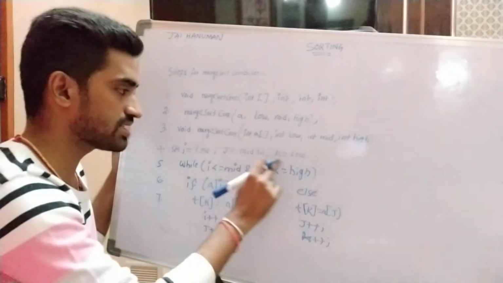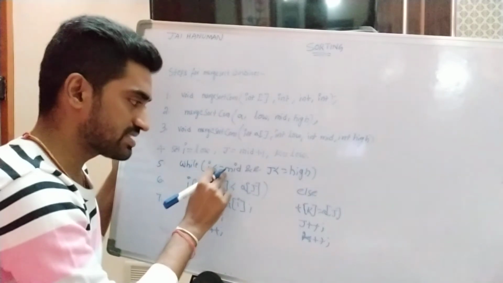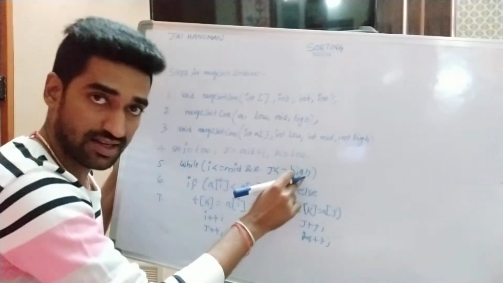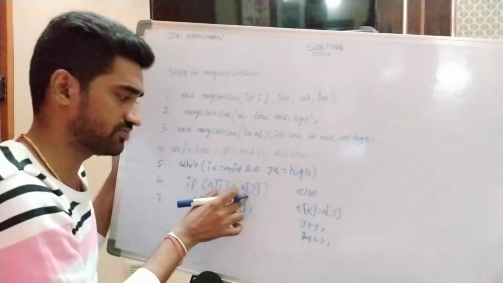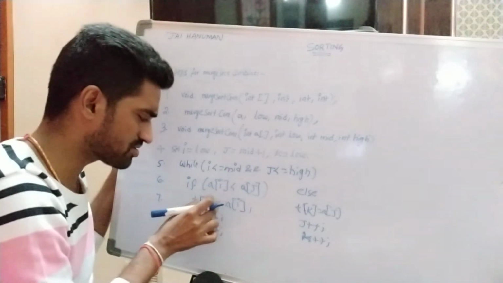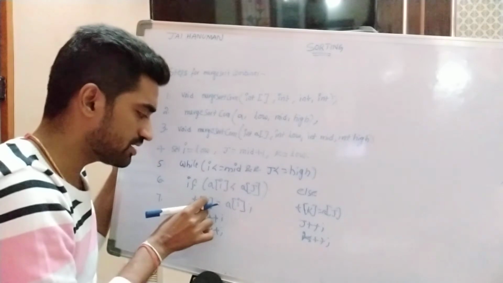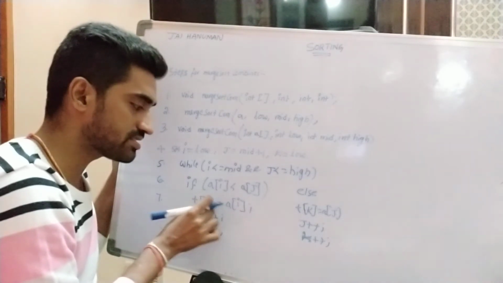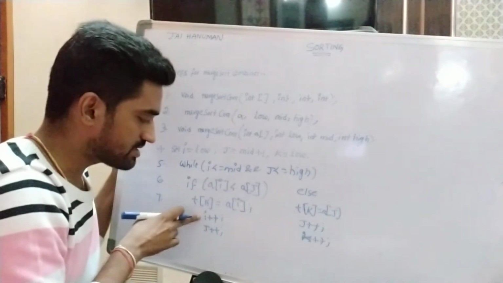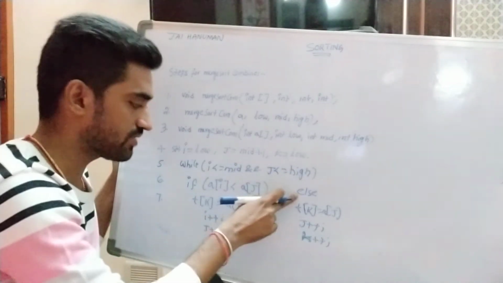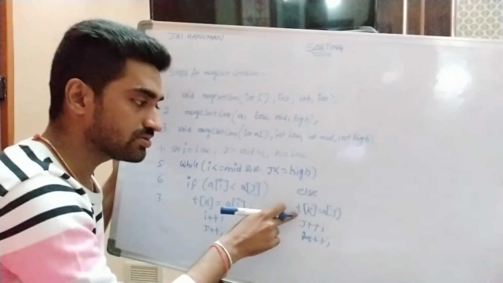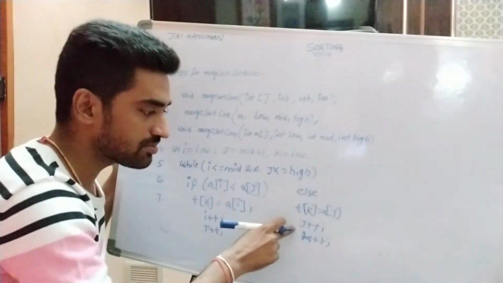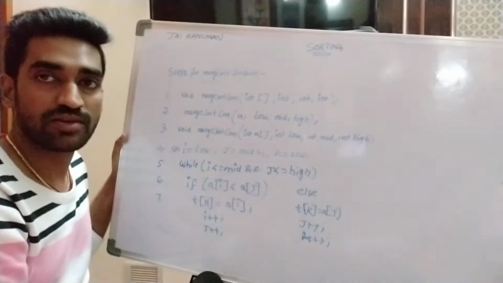So first of all we are checking i less than or equal to mid, logical and j less than or equal to high. Both are true, we are checking if y of i less than y of j. If this condition becomes true, then y of i is copied into one more temporary array, that is t of k is equal to y of i, i is incremented, k is incremented. Otherwise this condition becomes false, we copy the y of j value into the temporary array, then j is incremented by 1, k is incremented by 1, right?